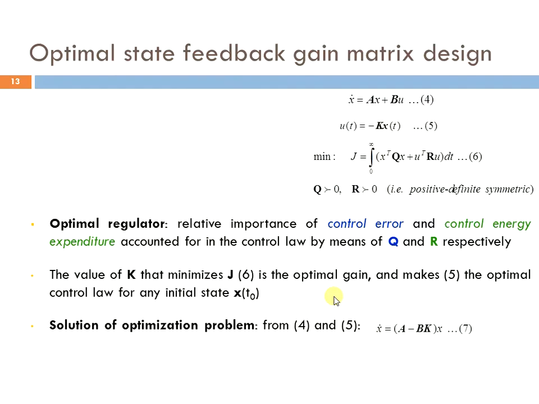The closed loop system is given by equation 7 with the state feedback gain matrix implemented. Now in finding the solution of the optimization problem, because we want to minimize the performance index with respect to the optimal gain matrix, we want to express the performance index in terms of the state feedback gain matrix.